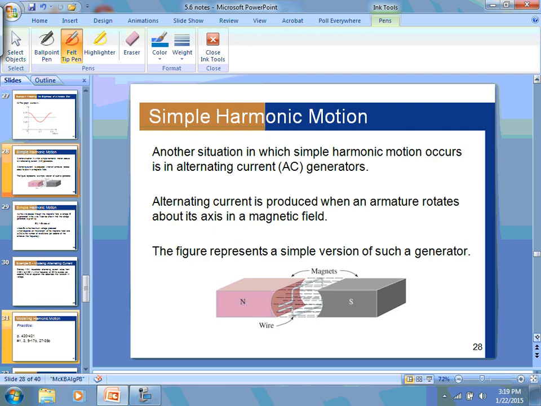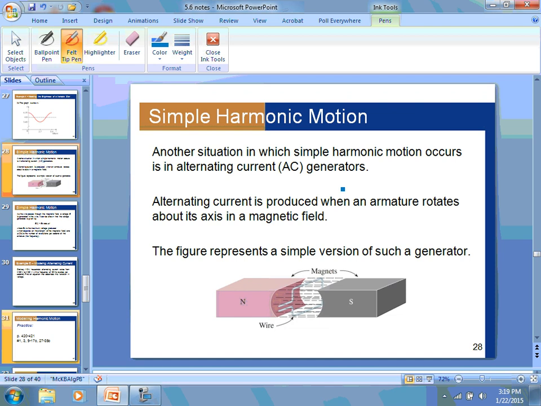Okay, last example then is another type of simple harmonic motion. And this occurs when you have alternating current generators or AC generators. And alternating current is produced when an armature rotates around its axis in a magnetic field.